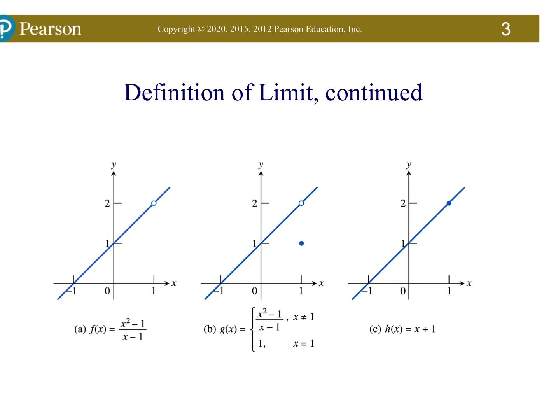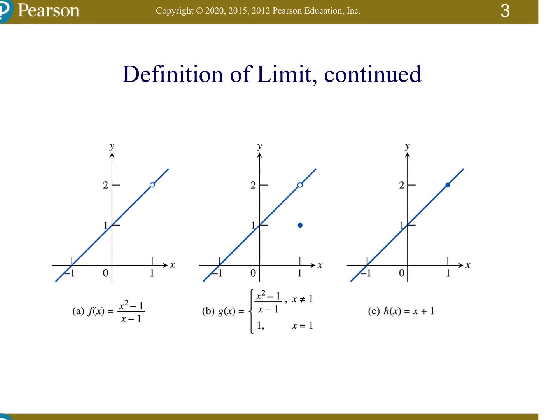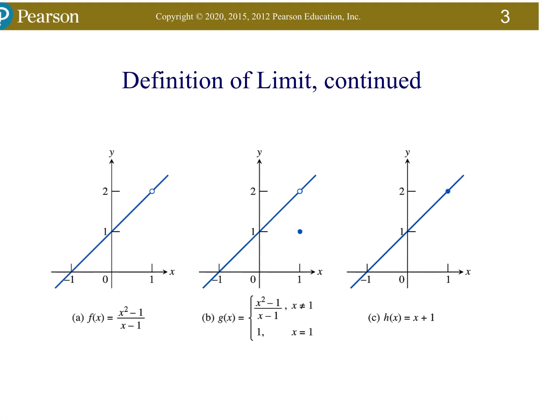When we look at a limit, sometimes we get confused with the idea of continuity versus a limit. You're looking at 3 different graphs here. They are in various stages of continuity, but that's not what we're talking about today. We are talking about a limit. And so a limit is defined as a value approaching from 2 sides, okay?